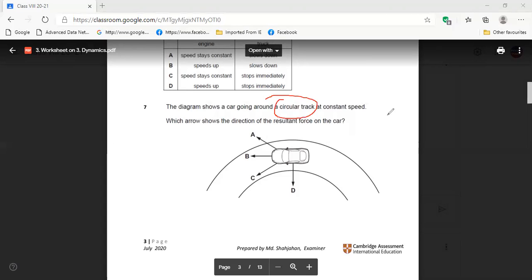Resultant force, acceleration, both. According to Newton's second law, acceleration and resultant force both work in the same direction, right? So what should be the answer? D. Yes, D.